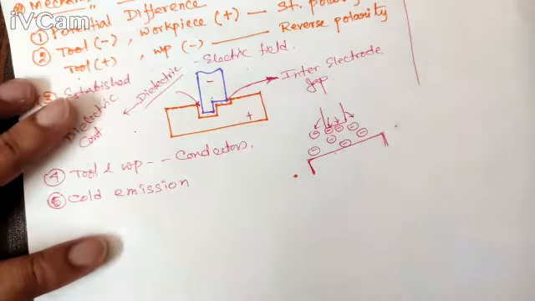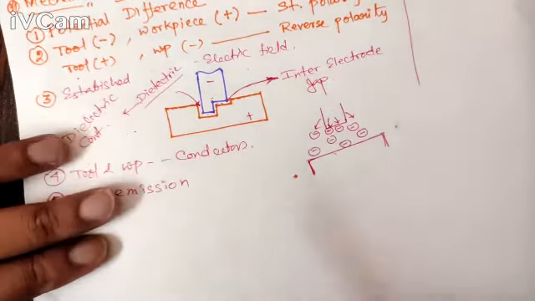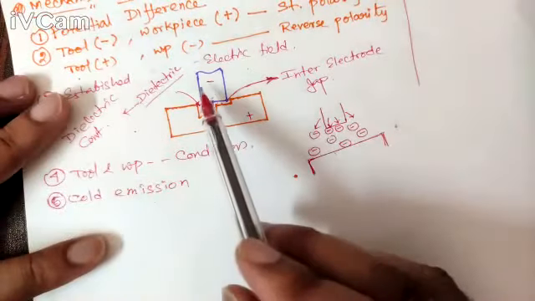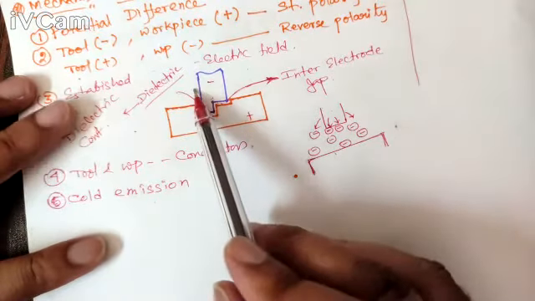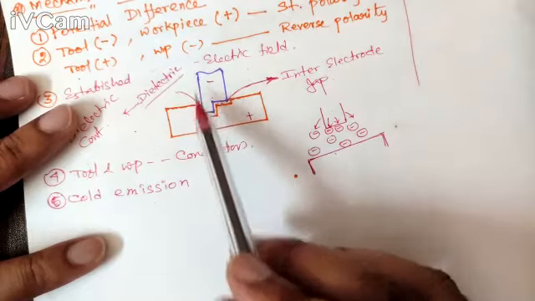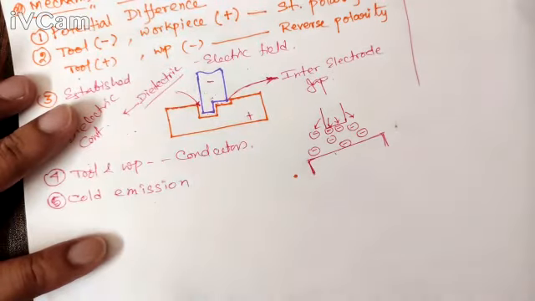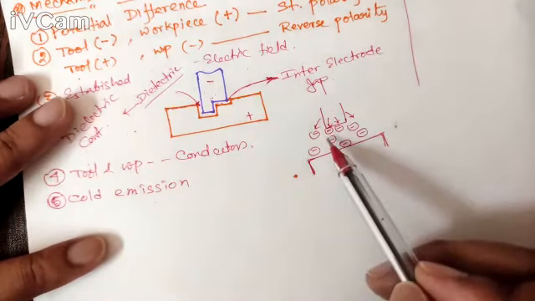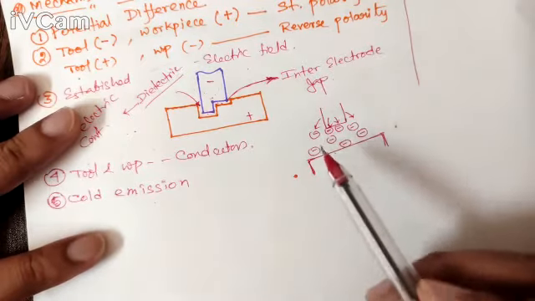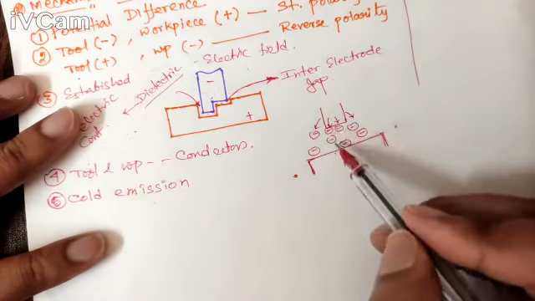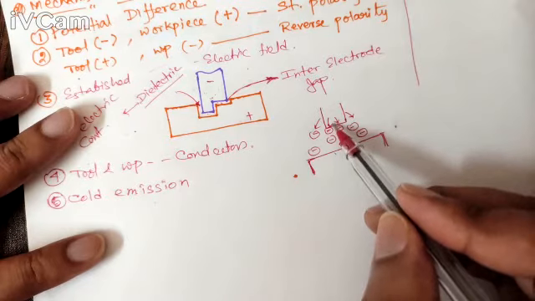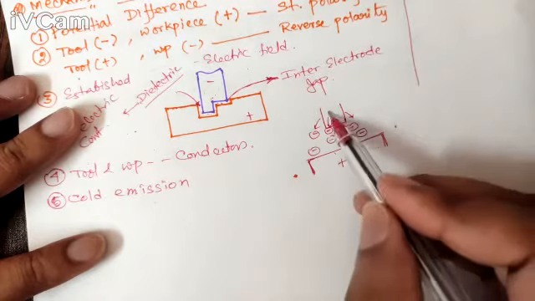Now, once we have connected these two with the power supply, electrons always have the tendency to flow, and because of that they will start getting emitted from the negative terminal to the positive terminal.